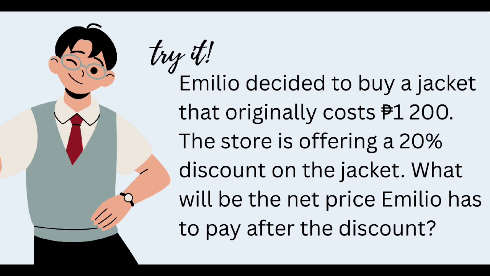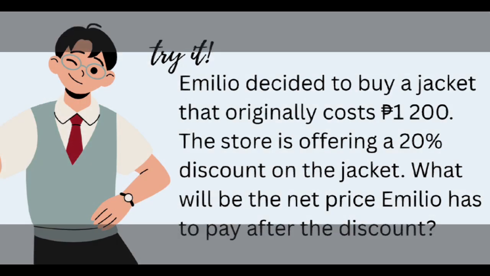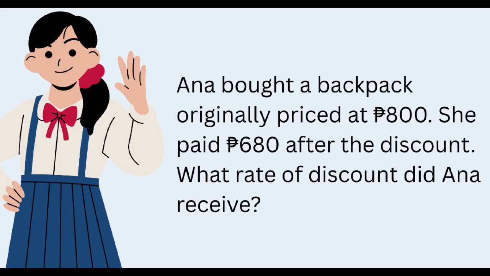Try this activity. Now, Anna bought a backpack with an original price of 800 pesos. She paid 680 pesos after the discount. What rate of discount did Anna receive? This time we are looking for the rate of the discount that Anna received.